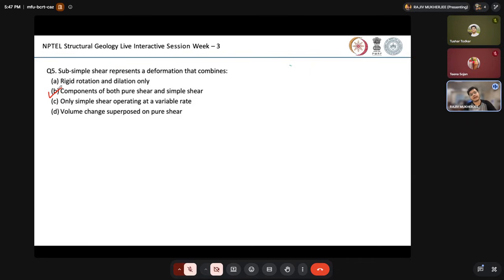So that's why a rigid rotation cannot simply incorporate into a subsimple shear, right? Because subsimple shear, since there is a simple shear component, will always eliminate a rigid rotation. Because in case of simple shear, there are components of non-rigid rotation within the material body. So that leaves us with option B, which is components of both pure shear and simple shear.